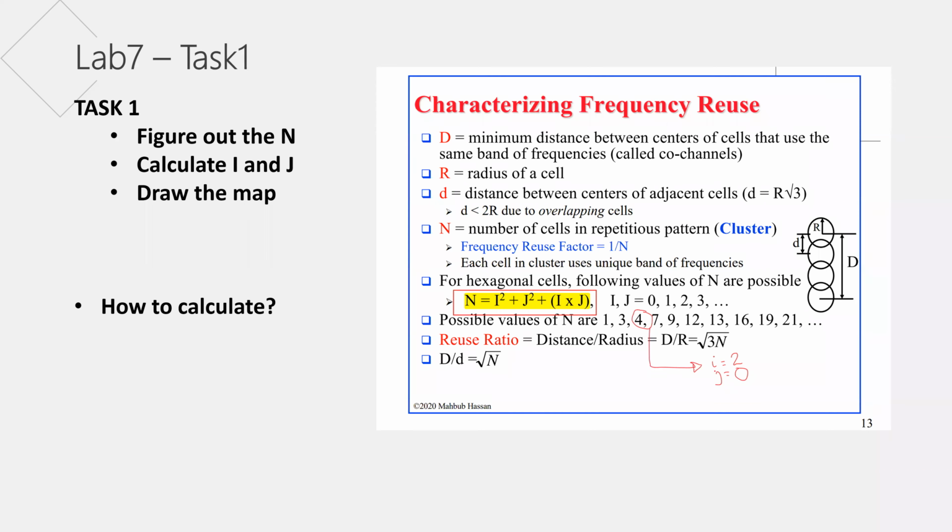Let's say I equals I, J equals J. We can use this function to help us solve this equation. So we put 9 here. And let's see, there are 2 results. The first one is I equal to 0 and J equal to 3, or I is 3, J is 0. So what we need to do is just plot this graph.